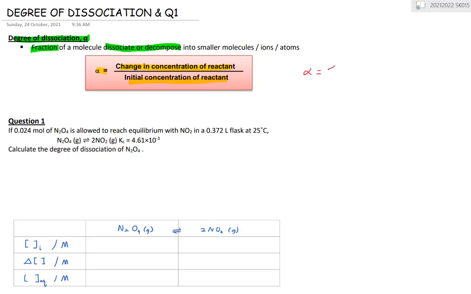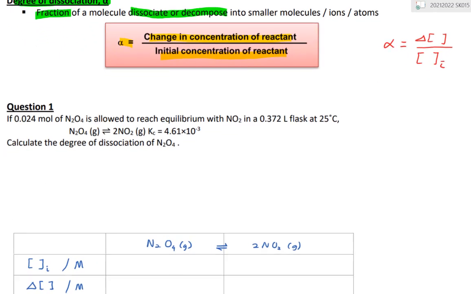Or in short, the formula can be written this way: alpha equals the change in concentration over the initial concentration, if you want to use the symbol of concentration. Okay, so apply the same concept you used previously. Let's look at question number 1.